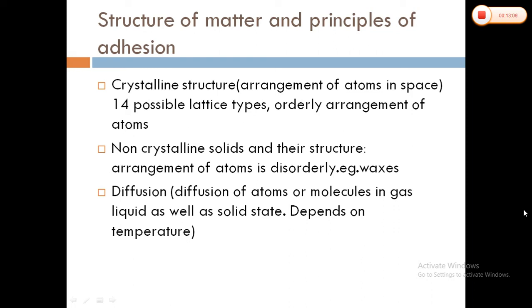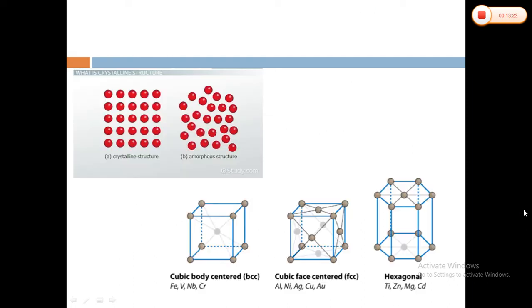Then you will also be learning about diffusion, that is diffusion of atoms or molecules in gas, liquid as well as in solid state. This happens based on the temperature. As you can see in the first picture above, a crystalline structure has an orderly arrangement of atoms, whereas an amorphous structure has a disorderly arrangement of atoms.